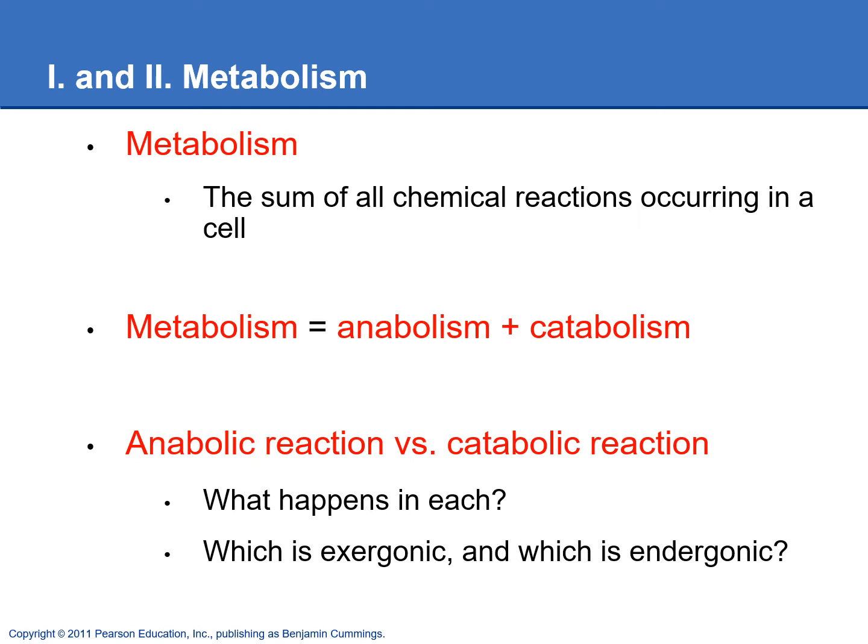So for example, maybe you've got glycogen and you break it down into glucose molecules. So that would be a catabolic reaction. And catabolic reactions are exergonic, and that's because they release energy. So when you're breaking apart that larger molecule, breaking apart those chemical bonds, you're releasing energy.